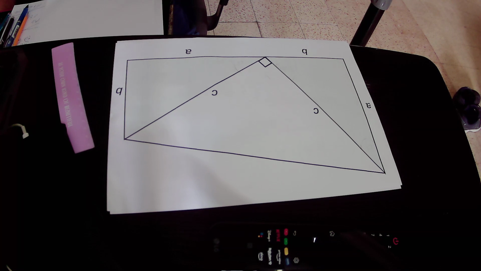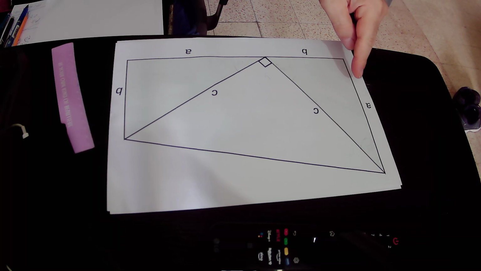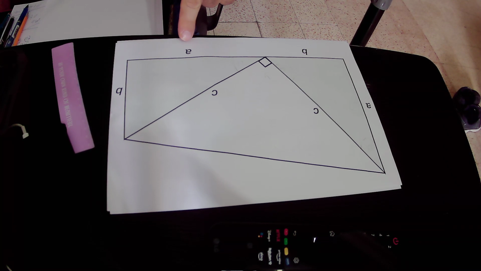Okay, so here we have two triangles that are equal in two sides. A in the right triangle equals A in the left triangle, and B in the right triangle equals B in the left triangle, and they also have the same angle between side A and side B. It is 90 degrees.